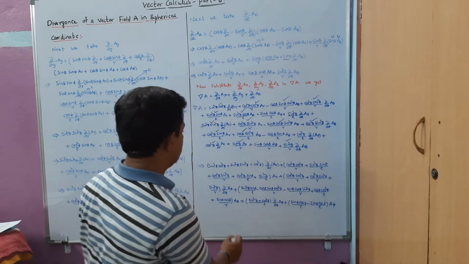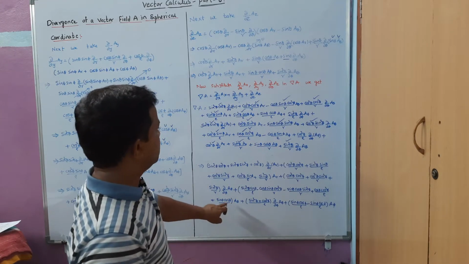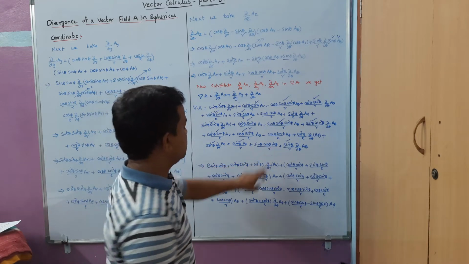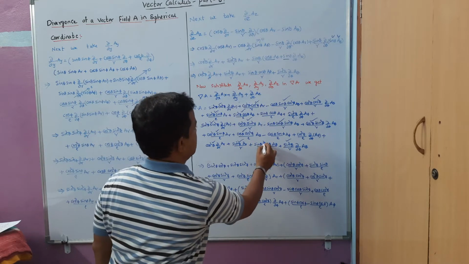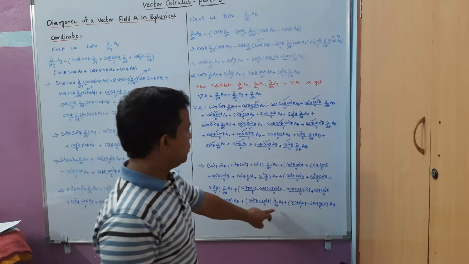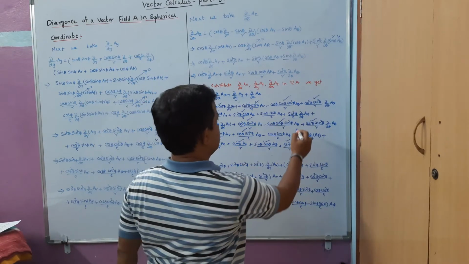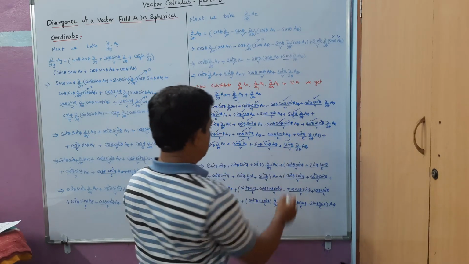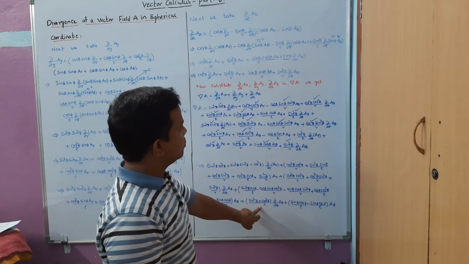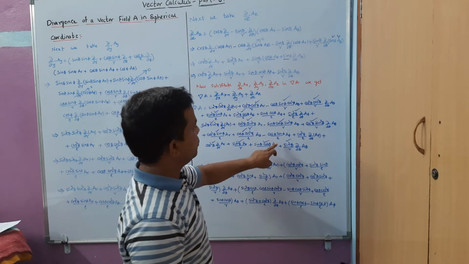Okay, similarly finally, sin theta cos theta a theta, so here also there is another term. Next, dou by dou phi of a phi. Dou by dou phi of a phi, we are having sin square phi by rho, next cos square phi by rho.